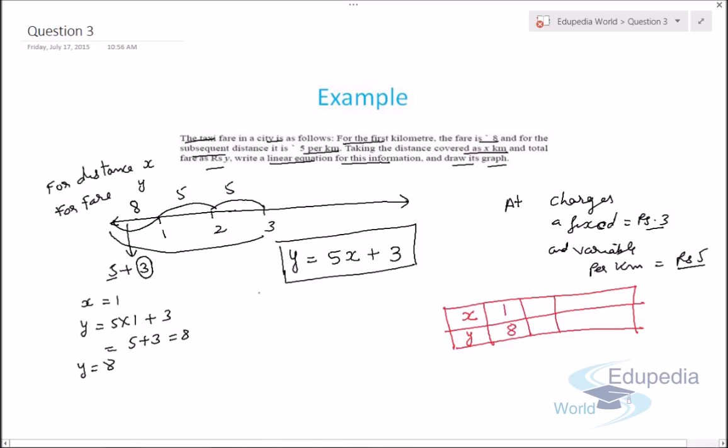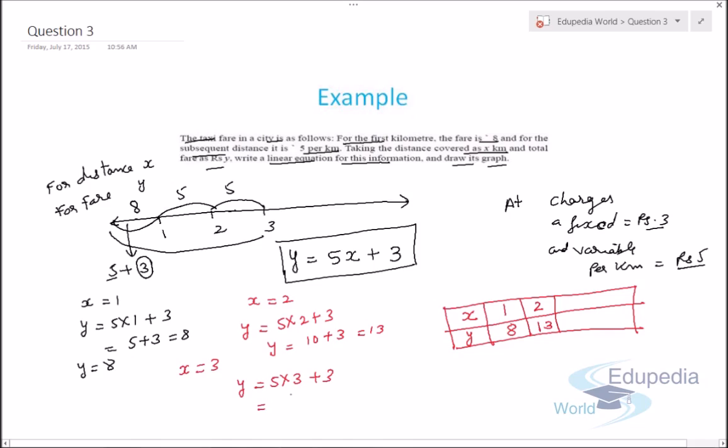Now for the second value, if we assume x as 2, we get y as 5 into 2 plus 3. So y will come out to be 10 plus 3, which is 13. So if we assume x as 2, y will come out to be 13. Now again for the third value, if we assume x as 3, we'll get y as 5 into 3 plus 3.